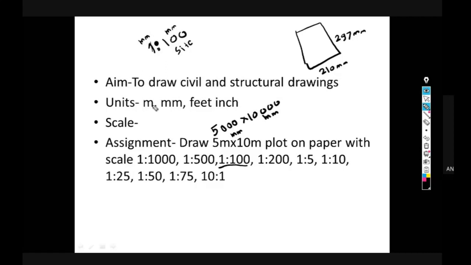It's very easy, right? If the dimension on the site is 100 mm, I will draw it on the paper as 1 mm and write below the paper 1:100 scale. Correct? Now tell me, for 1:100 scale, how much dimension will 5000 come to on the paper?